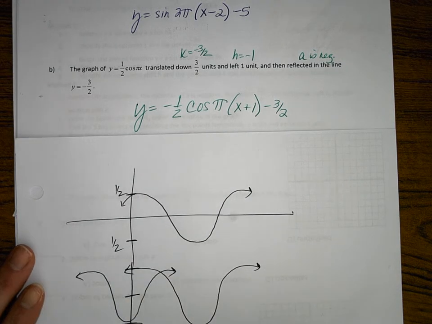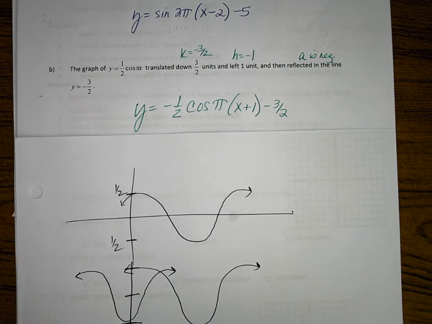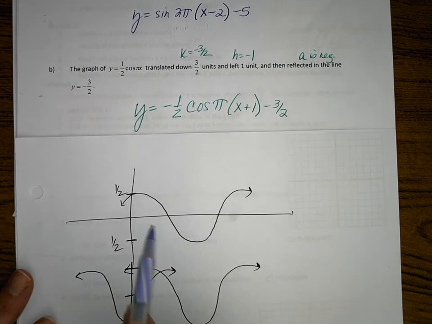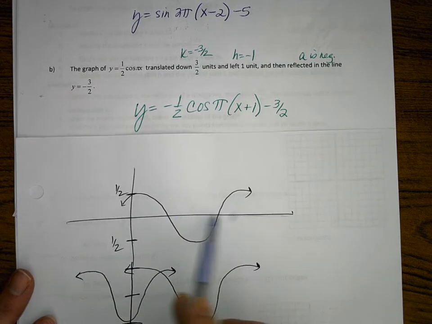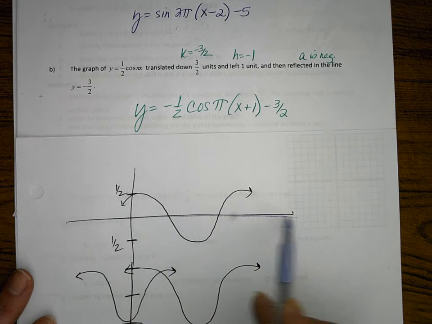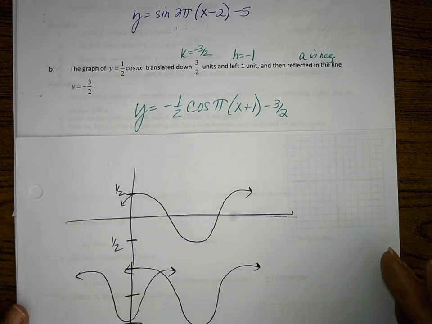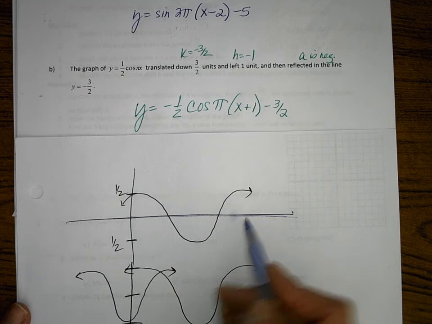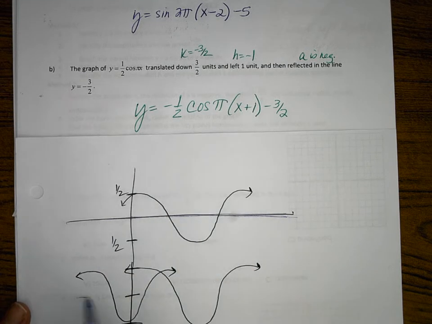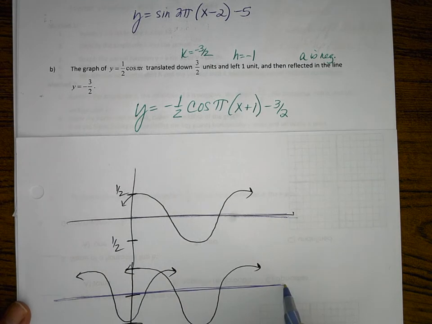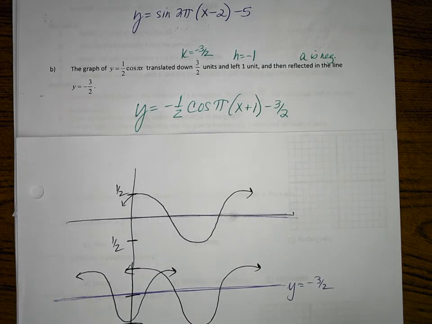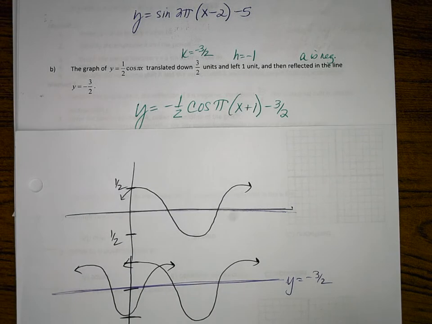And then they reflect. Now, when we do our reflection, we reflect first. So that means I really reflected over the x-axis, correct? But they shifted this down 3/2. So if they shifted it down 3/2, that means that x-axis shifted down 3/2 also. So this is y equals negative 3/2, the line that cuts through the middle of that cosine wave.